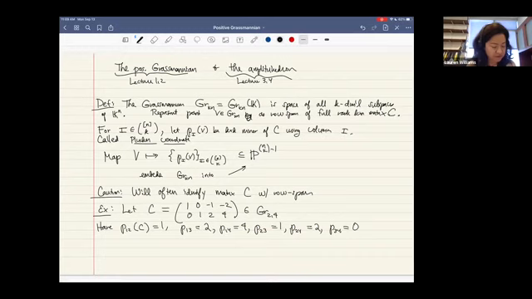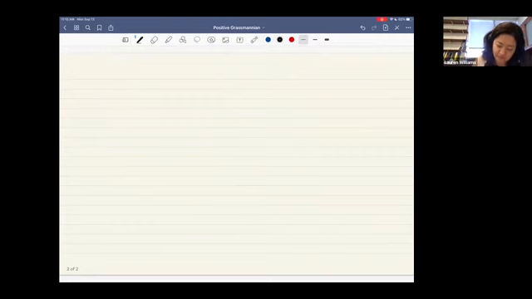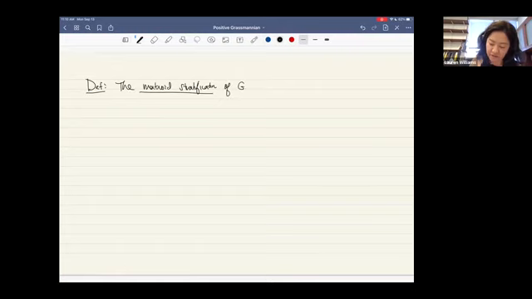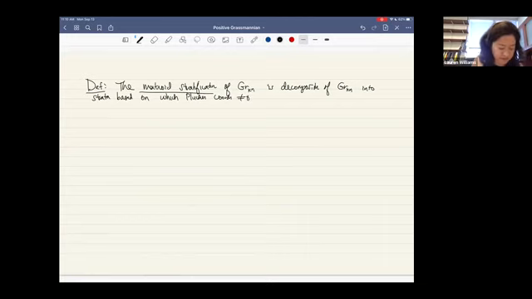And now I want to talk about something called the matroid stratification. The matroid stratification of the Grassmannian is the decomposition of Gr(k,n) into strata based on which Plücker coordinates are non-zero and which are 0.